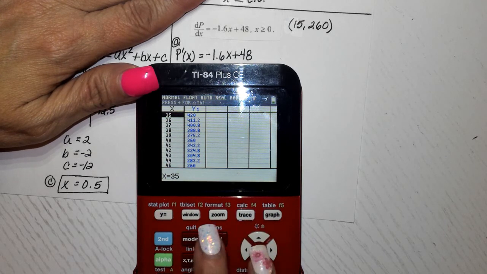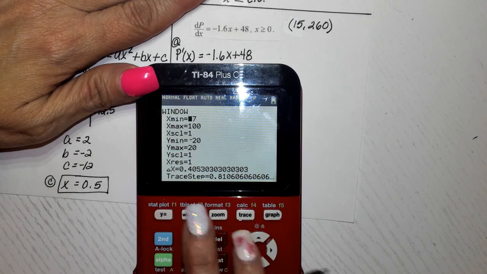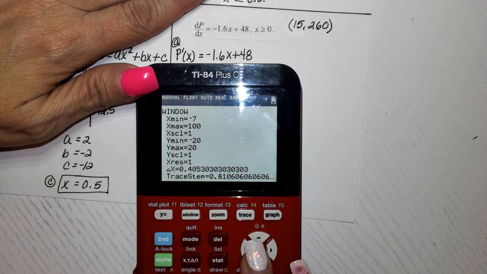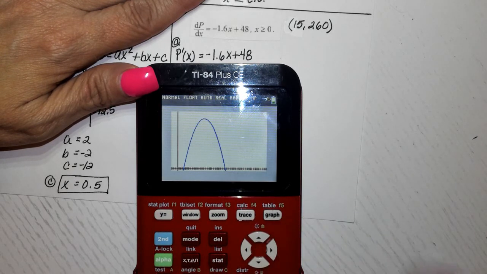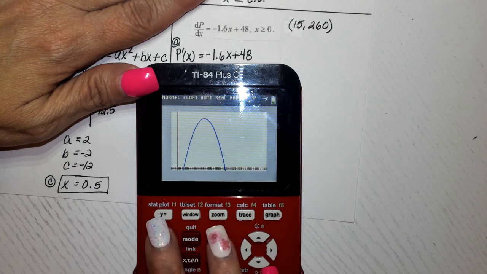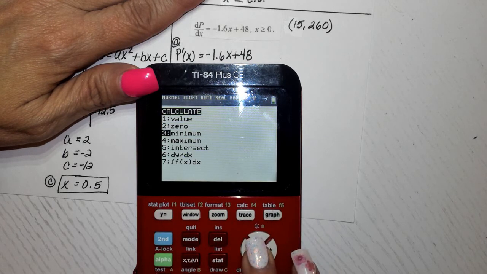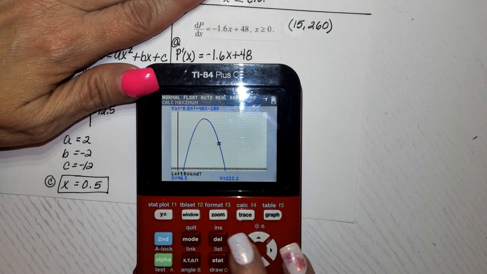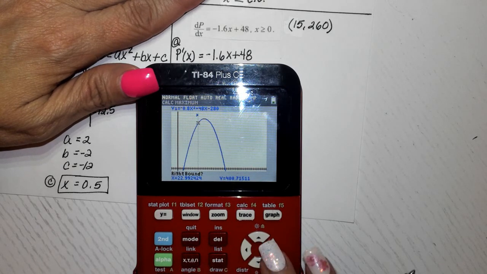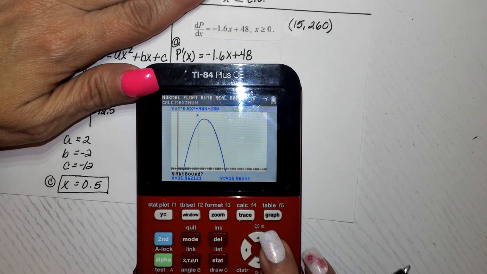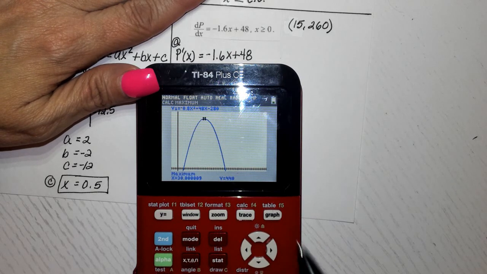Let's go to our window, and let's make the Y go up to 500. Let's graph it. Let's do second, calculate, and calculate that maximum. At 30, 440.